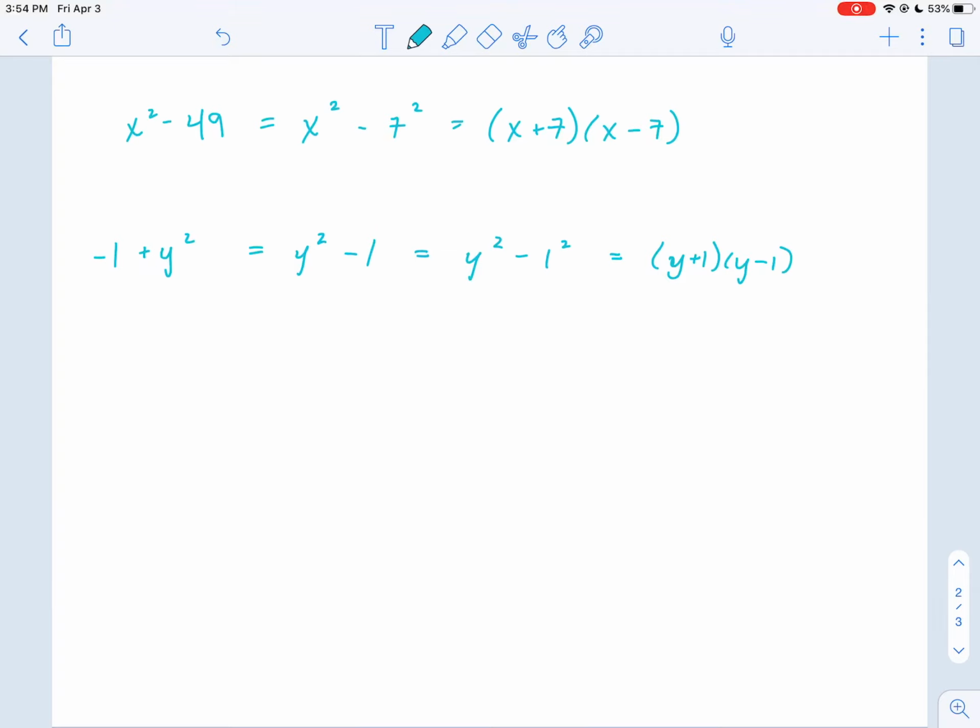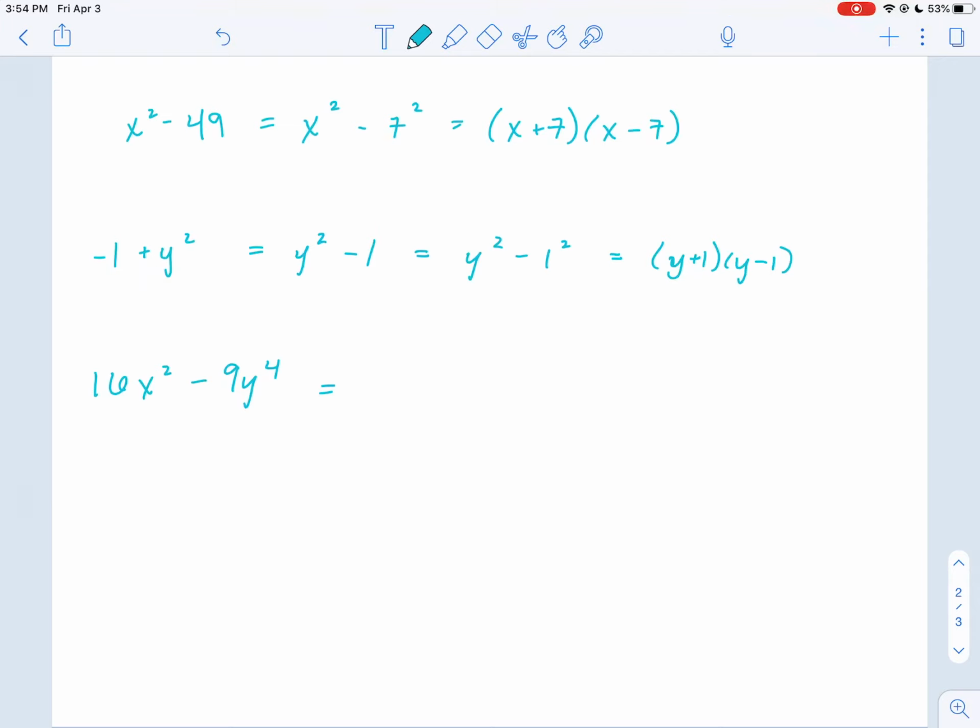Let's go ahead and do one more example. For this last one, we'll look at 16x squared minus 9y to the 4th. So again, we need to get something that looks like one term completely squared minus another term completely squared. So in order to get this term on the left to be completely squared, we have to be able to have that square on both of the terms, not just the x.